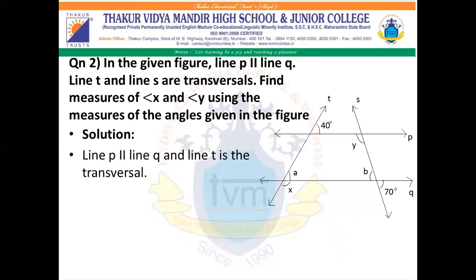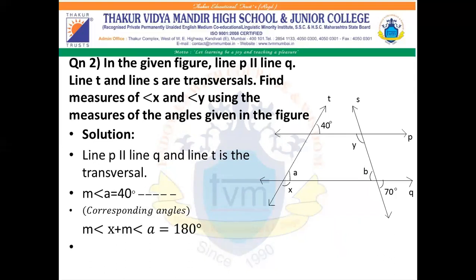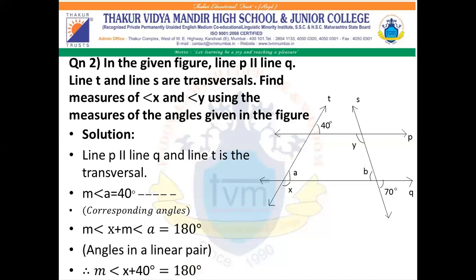Line P is parallel to line Q and line T is the transversal. Measure of angle A is equal to 40 degree. Corresponding angles. Measure of angle X plus measure of angle A is equal to 180 degree. Angles in a linear pair. Therefore, measure of angle X plus 40 degree is equal to 180 degree.